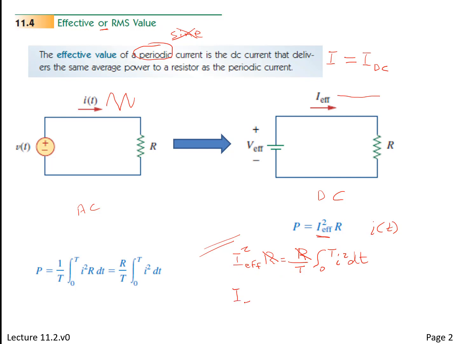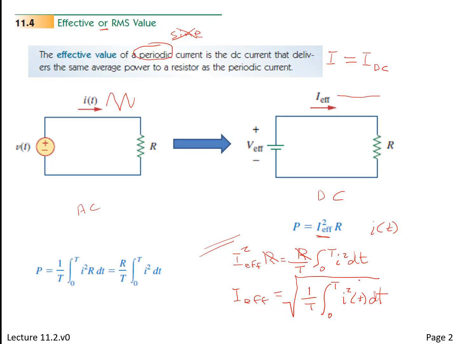So the effective value is equal to the square root of 1 over T integral of 0 to T of I squared of T dt. Okay? So this is the root of the mean square.